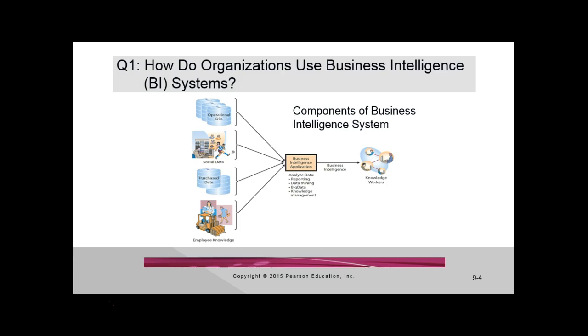So I think I gave you guys this example earlier in this class. But Target, for example, a lot of people don't go to Target and say, hey, guess what, I'm pregnant, right? But Target was able to say, I'm going to look at people's buying patterns, and when they change, when they buy like this lotion and this, we think they're pregnant. So what does Target use that information to do?